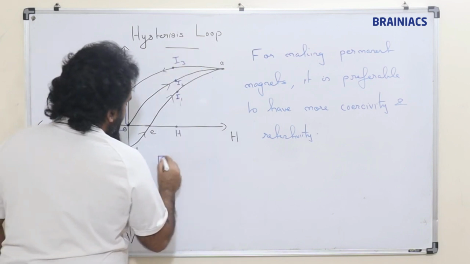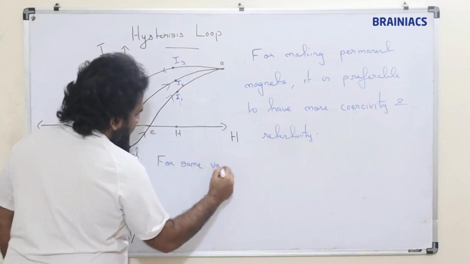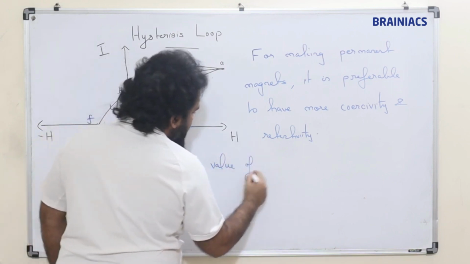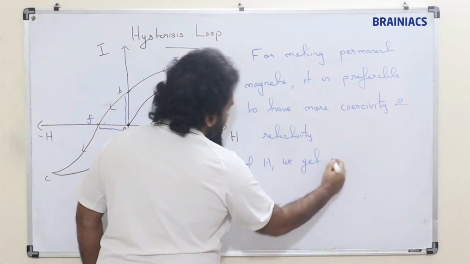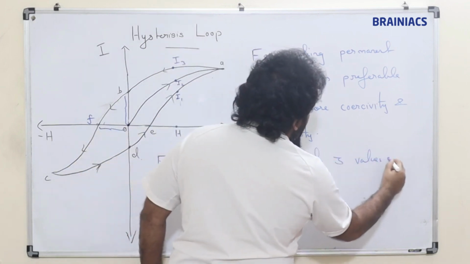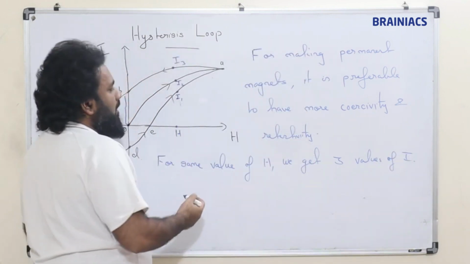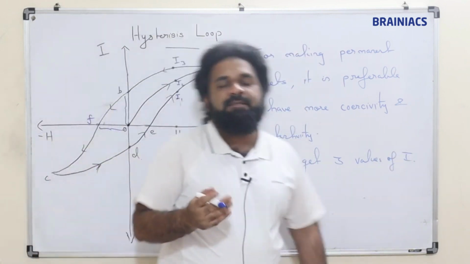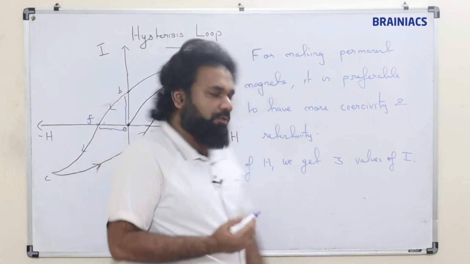That is for same value of H we get three values of I. Means how much magnetization will happen, that depends on the history of the material also.